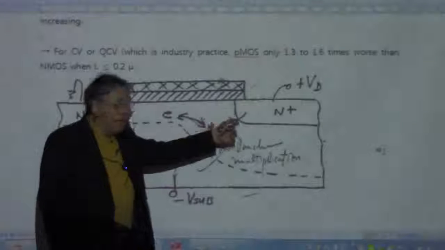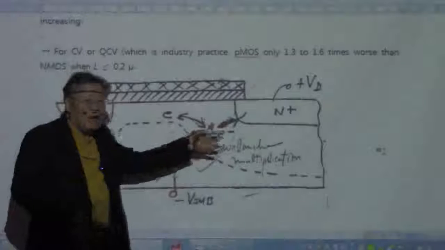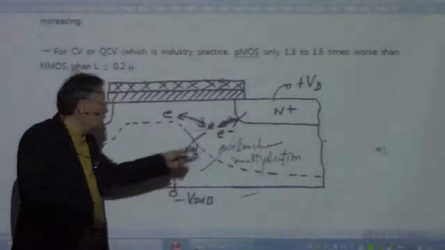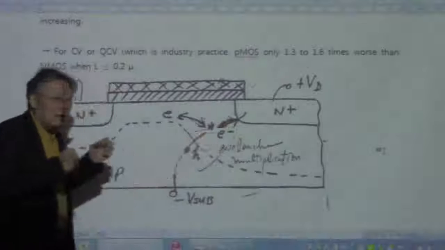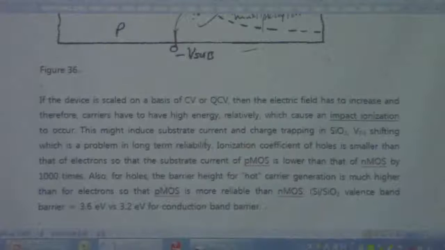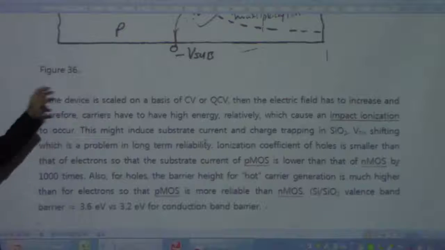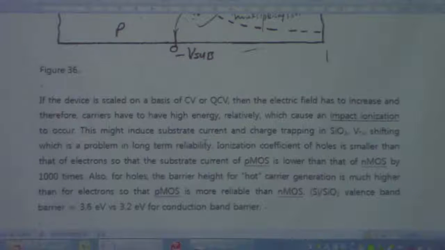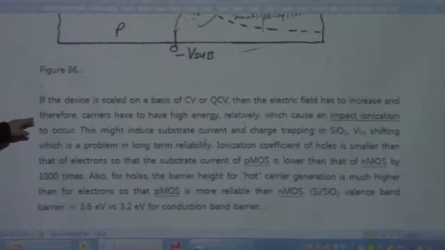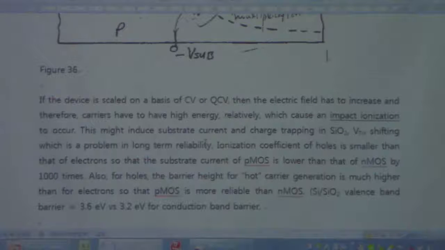And in that case, it's just like a needle. We are going to have a high electric field concentration at this point, so that we are going to have impact ionization. Okay? So if the device is scaled on the basis of a constant voltage or quasi-constant voltage, then the electric field has to increase, and therefore carriers have relatively high energies, which causes impact ionization to occur.